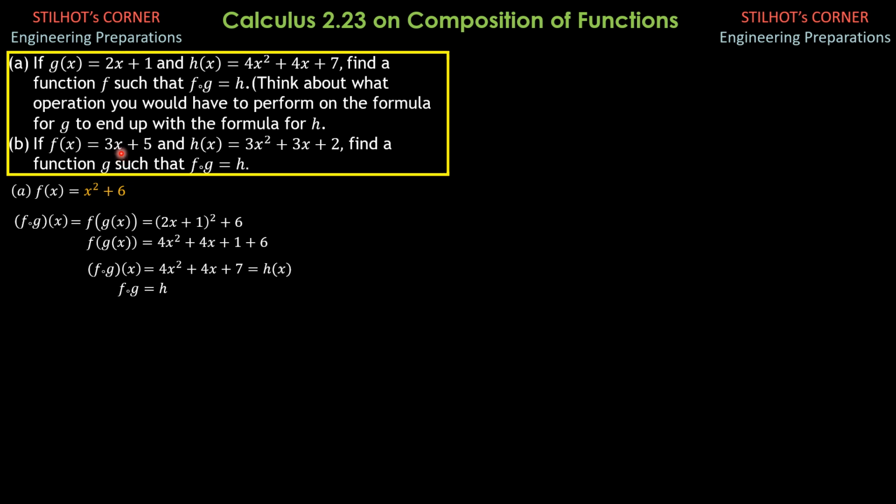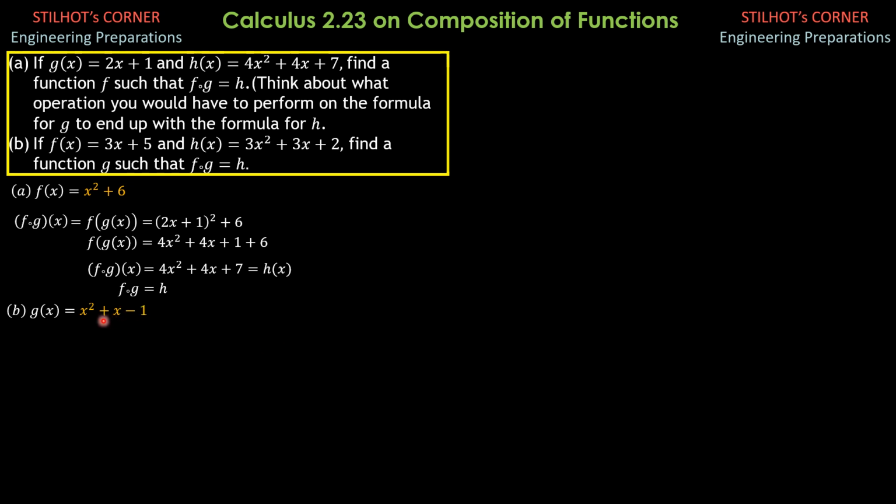So g of x should be x squared plus x, which gives 3x squared plus 3x. This is plus 2 and this is plus 5, so for the constant we need minus 1, so that 3 times negative 1 is negative 3, then plus 5 is 2. So g of x is x squared plus x minus 1.